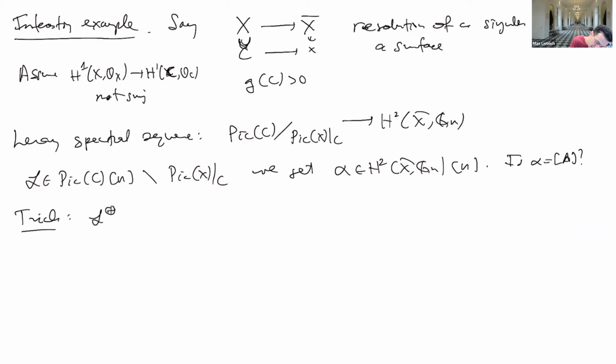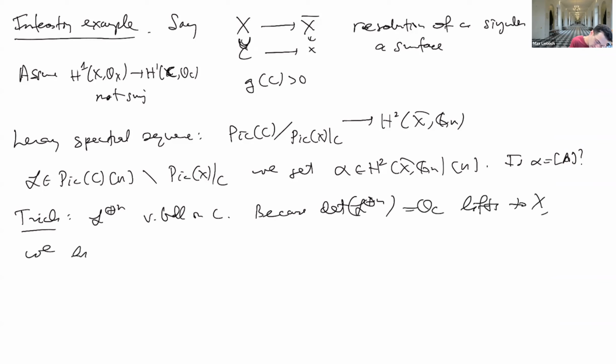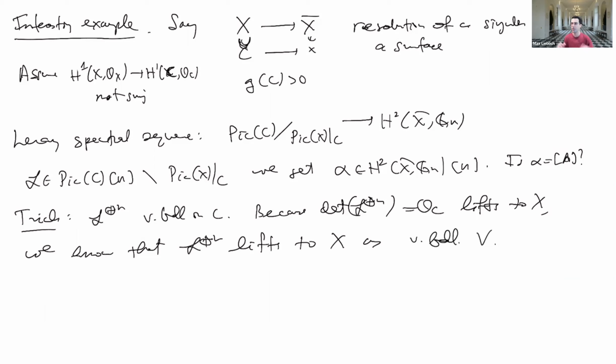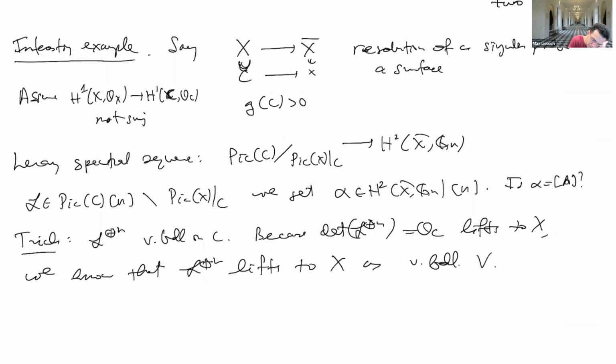If I take L^{⊕N}, this is a vector bundle on C, okay, because the determinant of L^{⊕N} equals O_C, we know that this L^{⊕N} lifts to X as some vector bundle, V. So there's some vector bundle on X whose restriction to the curve is just a direct sum of copies of L. All right. And now, let's see, let's call this map rho.